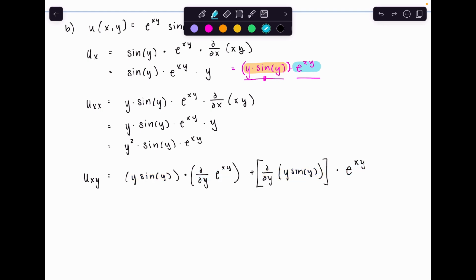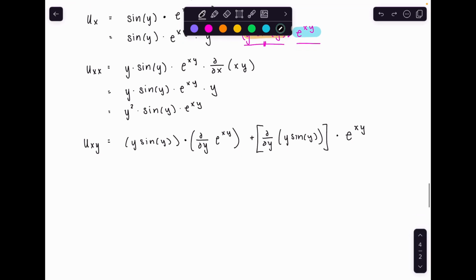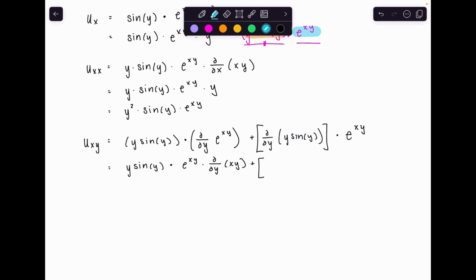And now from here, I can dissect it down. So that's y sine of y. And now when I take the derivative of e to the xy with respect to y, you still get the same thing back. And then chain rule, I've got to take the derivative with respect to y of the exponent. And now here, I need to apply product rule.